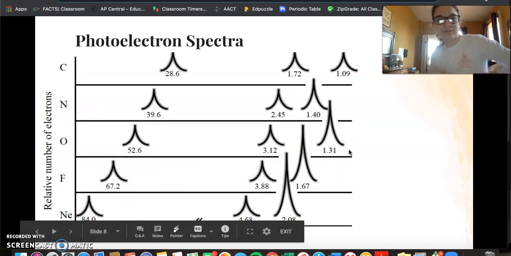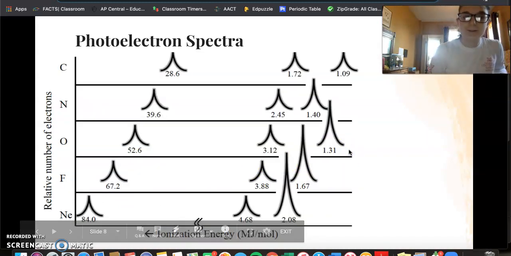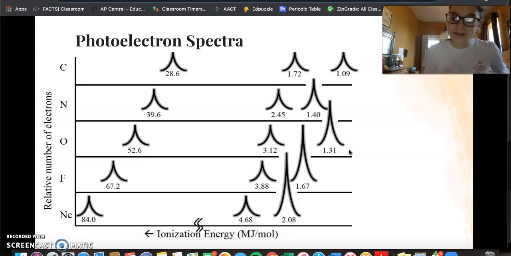But here we have, again, more data for carbon, nitrogen, oxygen, fluorine, and neon. So the same trend can be seen in these elements as the ones that we just saw. They all have 3 peaks that indicate that there are 2 subshells within the n equals 2 shell. We can see the first and second peaks indicate the presence of 2 electrons based on their heights.